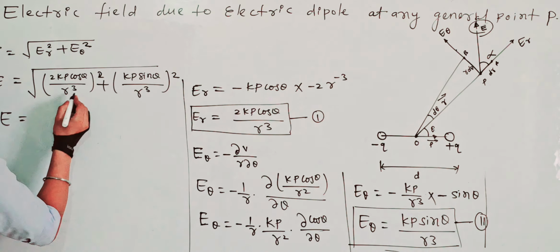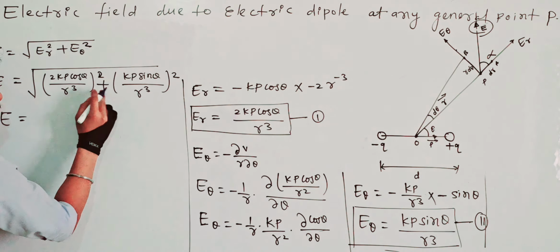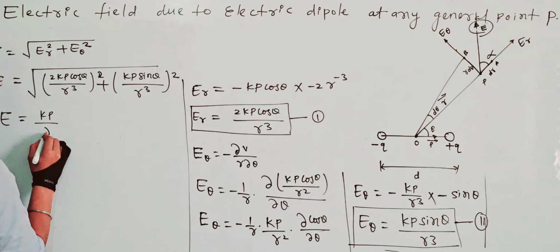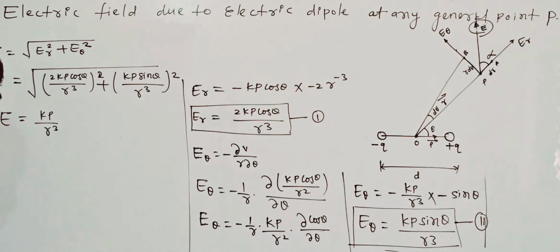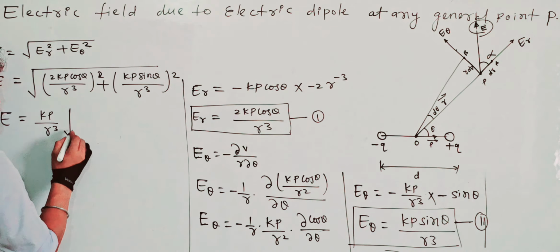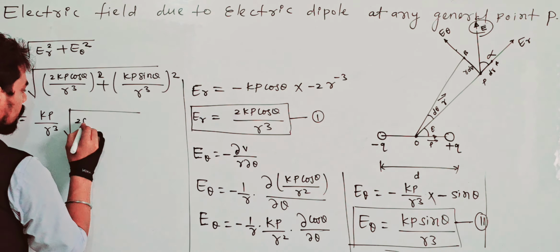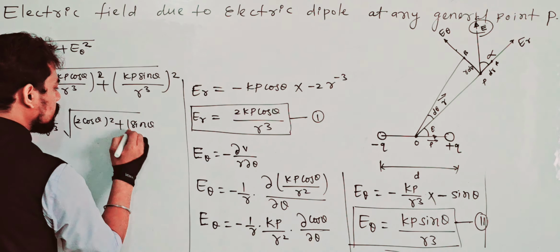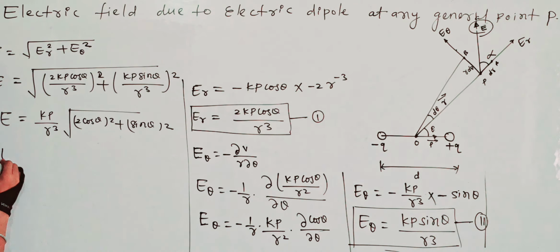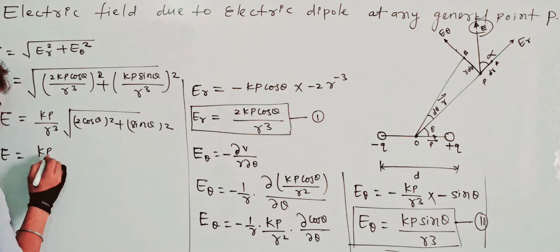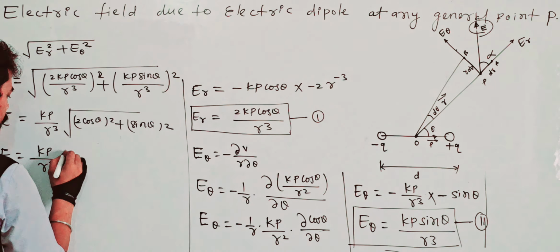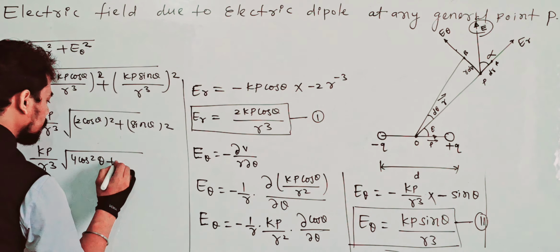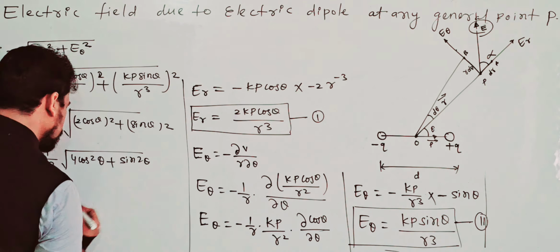So E we can write kp by r cube is common, and the square and square root cancel each other, so we can take kp by r cube out of common, out of the square root. Here it will remain 2 cos theta whole square plus sin theta whole square. So E equals kp by r cube under root 4 cos square theta plus sin square theta.